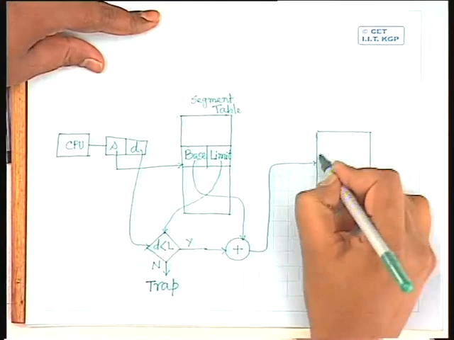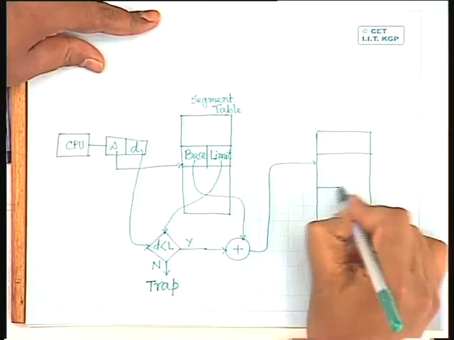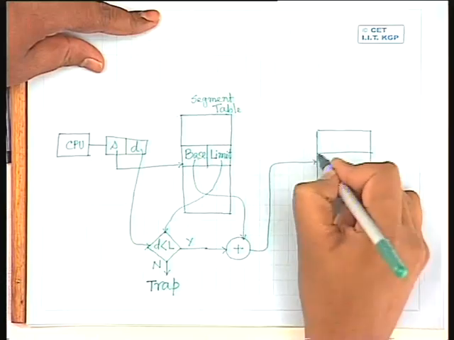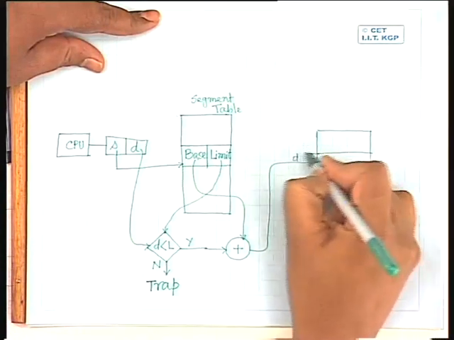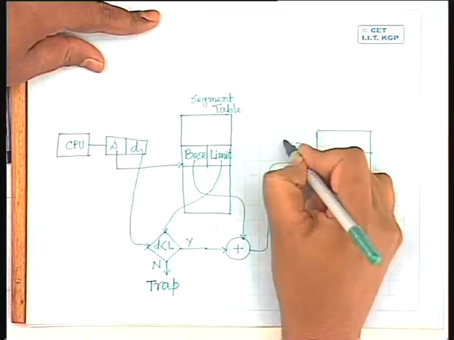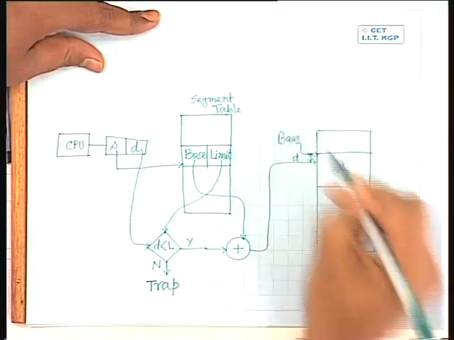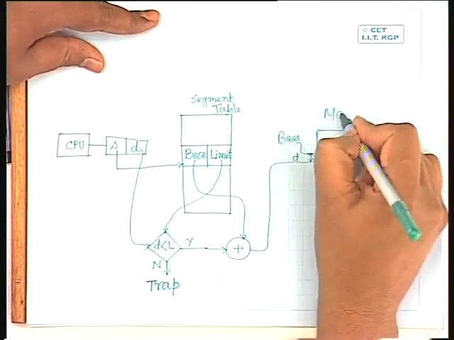So this is the main memory which contains the corresponding segment, and this is the offset D, and this is the base address, and this is the main memory.